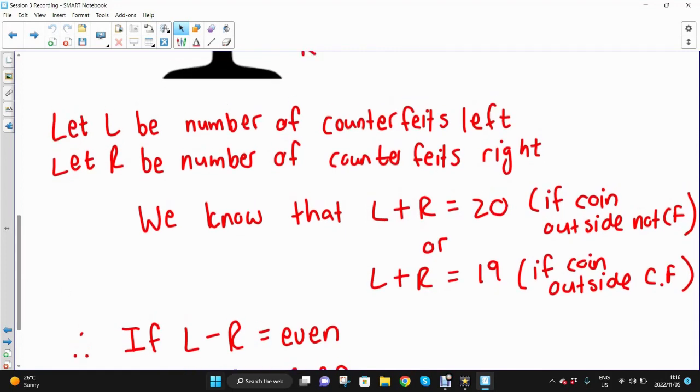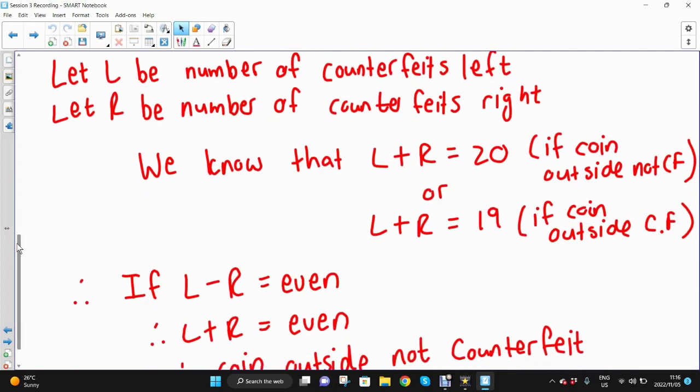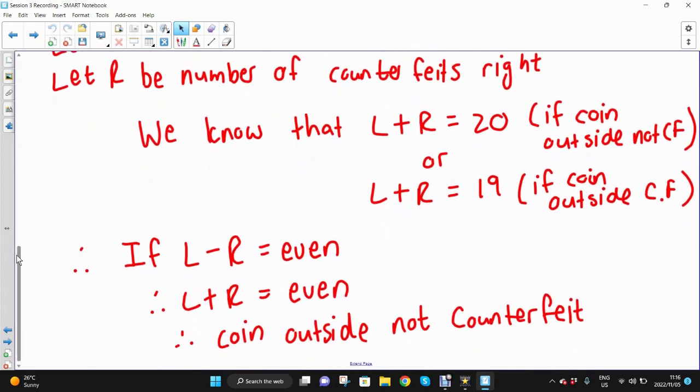So if the weights of the counterfeits on the left are subtracted from the weights of the counterfeits on the right, and that is an even number, that means it's the same as adding the weights of the counterfeits on the left with the weights of the counterfeits on the right, which also gives you an even number. And that's the same if you add them.